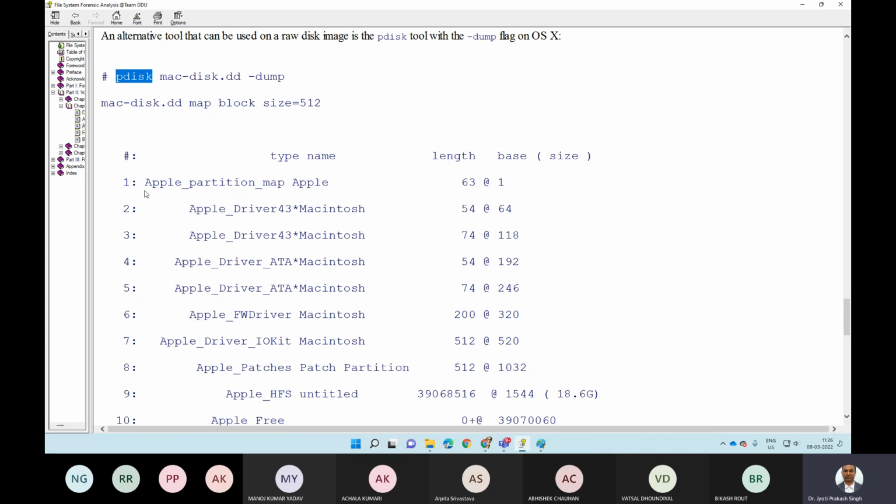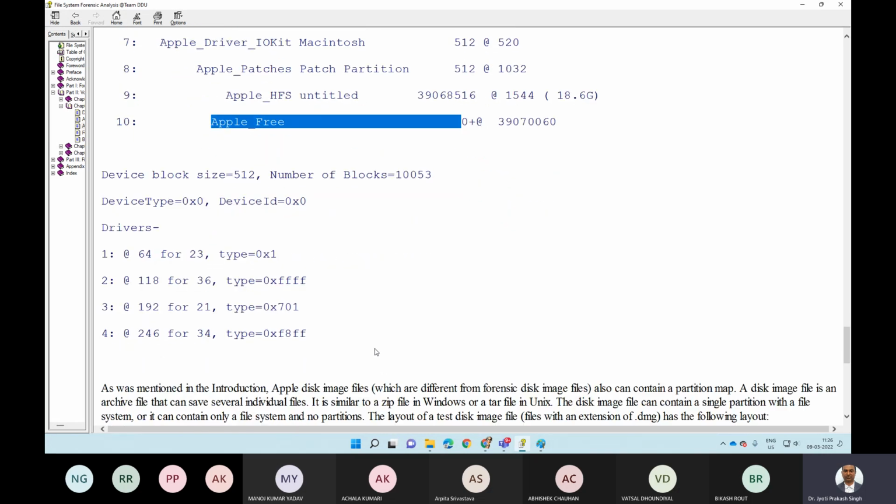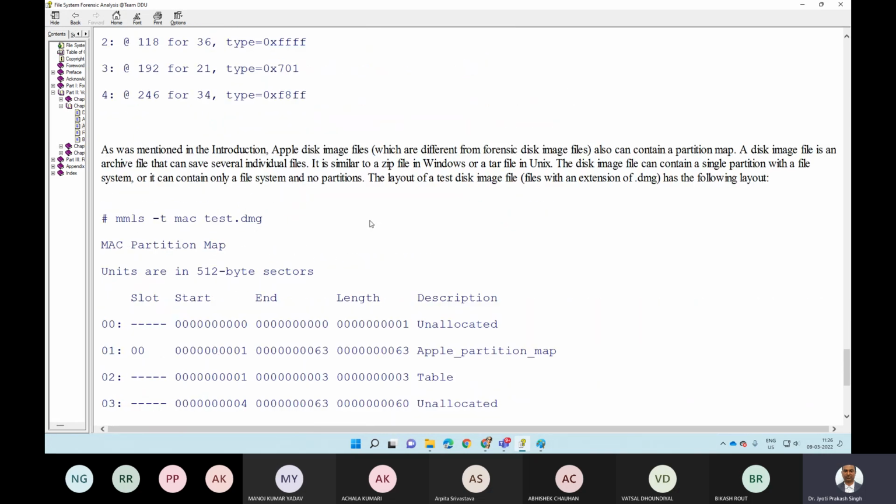So you can now see that there is a partition 1 of this length, then Apple driver partition, Apple driver partition, so many partitions, and then the free space, which you can find out with that.